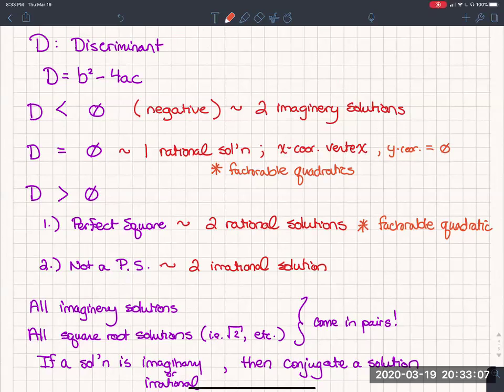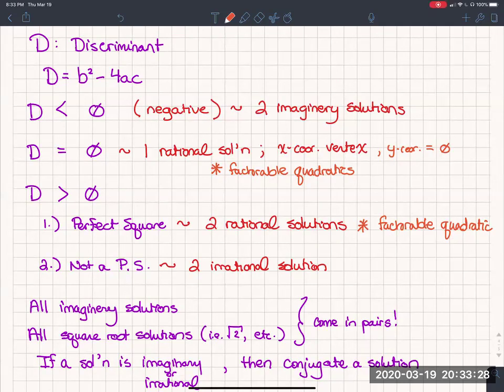Remember, rational numbers are numbers that can be written as fractions. Any fraction, any whole number, any negative number, these are all rational solutions. So if the discriminant is greater than 0 and a perfect square, then you should expect 2 rational solutions.